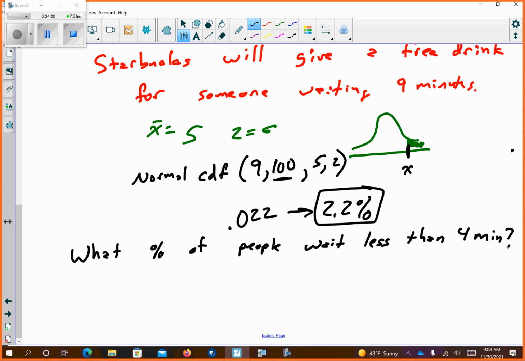What do you think that would be? If you're talking about a normal curve, you're talking about these people down here. So we're trying to figure out this X value here, this unknown.